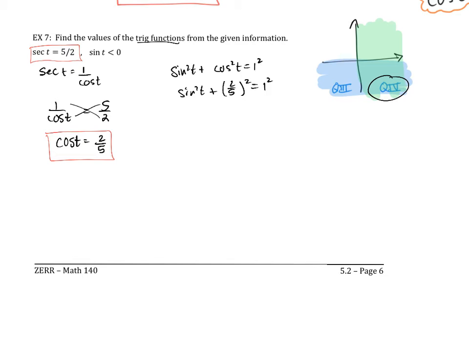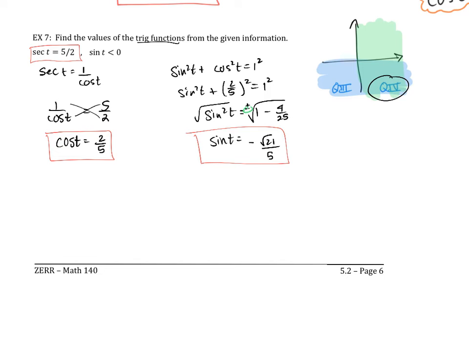Then solving for sine squared, we would have 1 minus 4/25, and then taking the square root of both sides, but remembering that sine is negative, so we're going to use the negative square root. So that gives us that the sine of t is equal to the negative square root of 21 over square root of 25, which simplifies down to 5. All right, so we're good to go on that one.